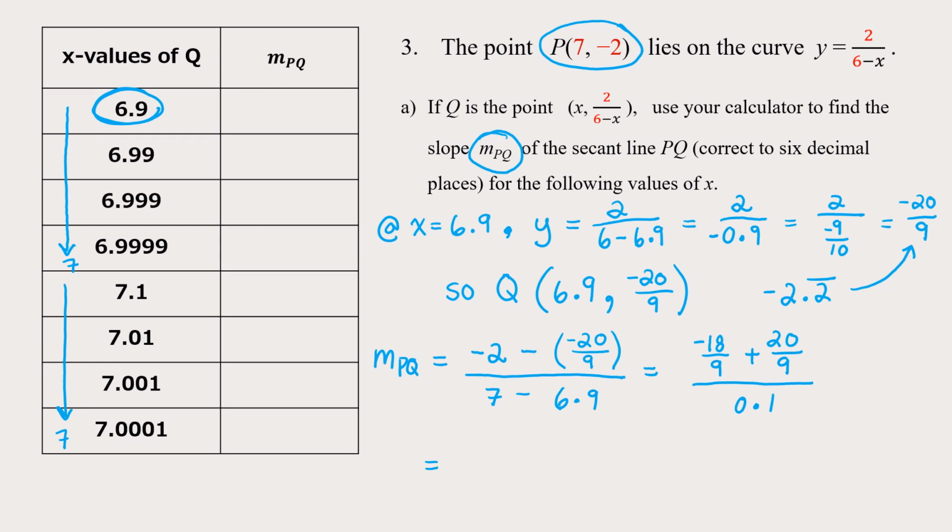So this is equal to, well, negative 18/9 plus 20/9 gives us 2 over 9. And then we can rewrite that 0.1 in its fractional form, which is, of course, 1/10. And then simplifying this, so that's 2/9 times 10 over 1, which is equal to 20/9, or 2.2 repeating.